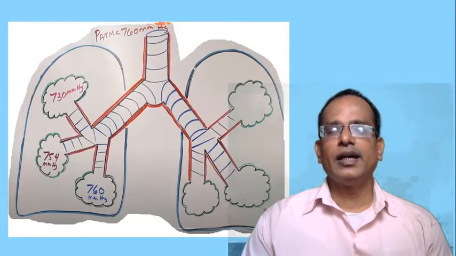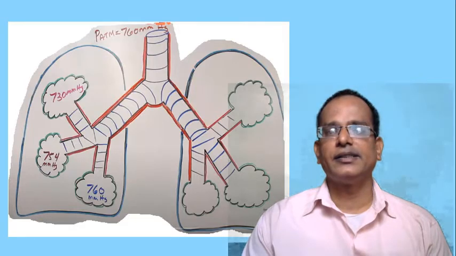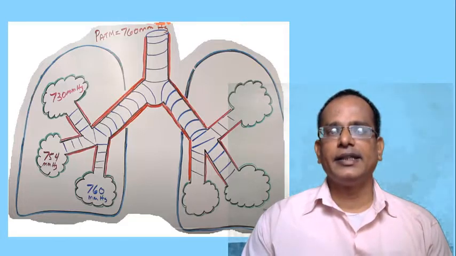Now we will go to some mathematical calculations for finding the airway resistance. Here you are seeing the lungs. First, at the esophagus, the air pressure is 760 mmHg, given as Patm, the atmospheric pressure.